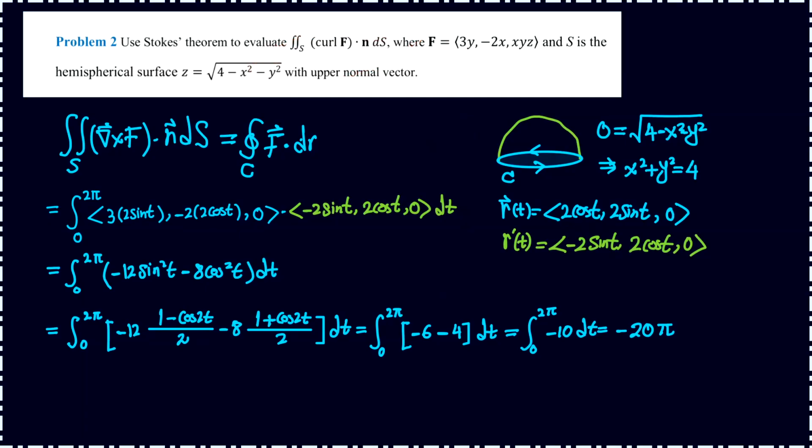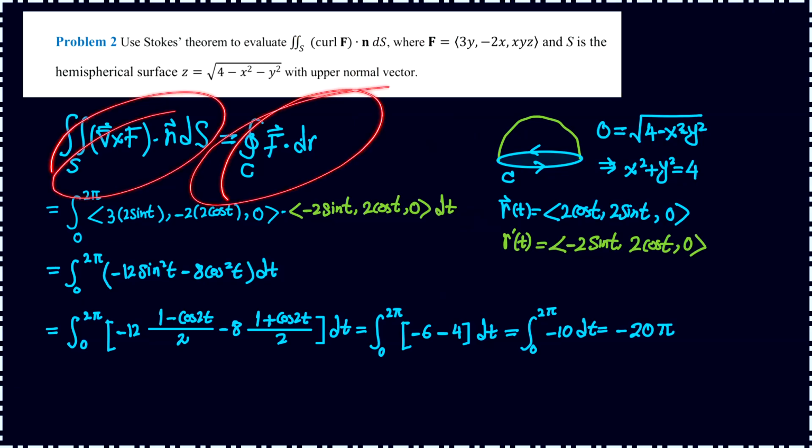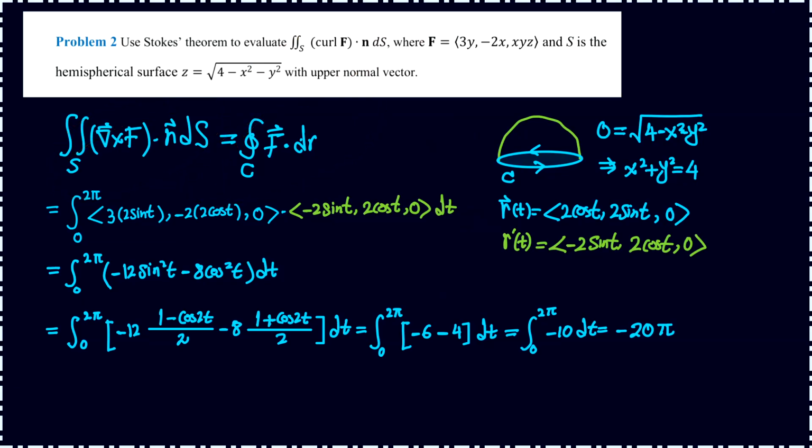So again, this is just the same as the line integral. In this case, the line integral is easier than this integral where you would have to find the curl, and then negative gx, negative gy, 1, and then do the double integral over the region.